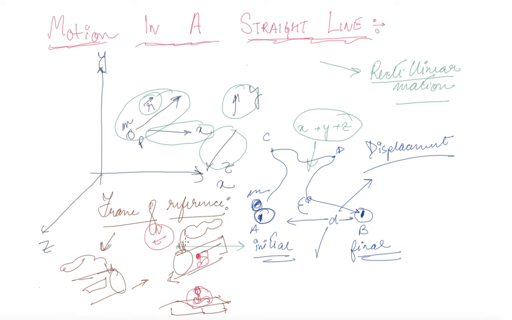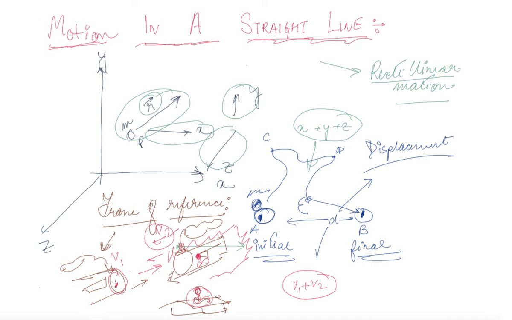If all of the surroundings vanish and he only sees this particular train, then what he will observe is that this train is coming towards him. This is the velocity v1, this is the velocity v2. This train is moving with the velocity v2, this train is moving with the velocity v1. So if this train is moving where the person is sitting, he will say that this train is coming towards him at a much faster rate, that is v1 plus v2.